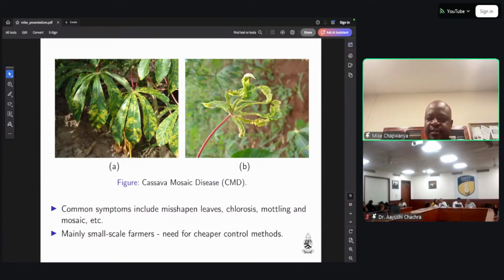And at times, the plant itself can die. But the interesting part of this is the vector that transmits this disease is attracted to these yellowish leaves. So when the plant is yellow like this, the whiteflies are attracted to it, and that actually pushes the spread of the disease.